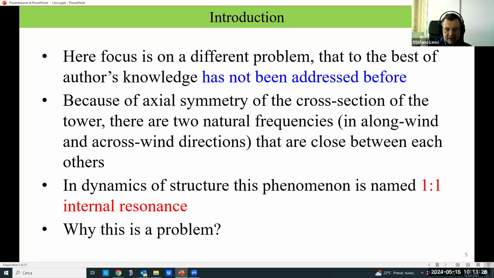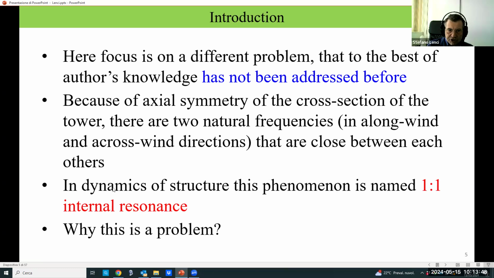Actually, they are not exactly the same because on top there is the nacelle, the rotor, with a little bit of offset of the nacelle. So this offset slightly changes one of the two frequencies, but this is a very, very slight change. So the two frequencies are very close to each other.